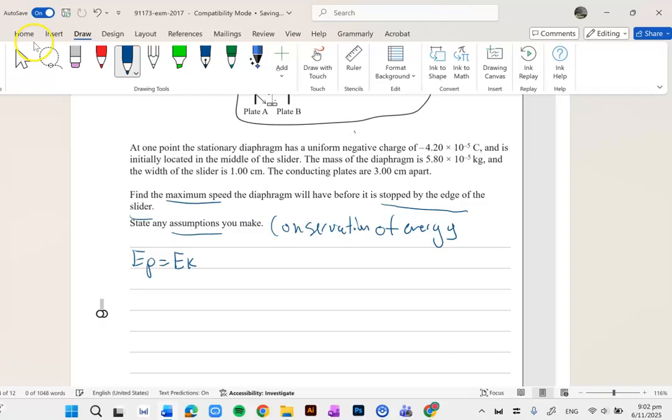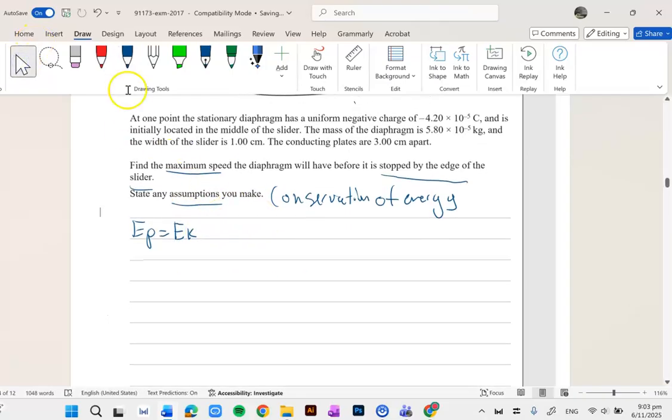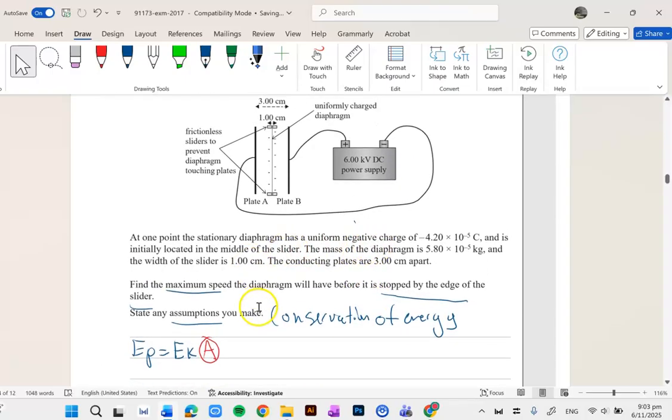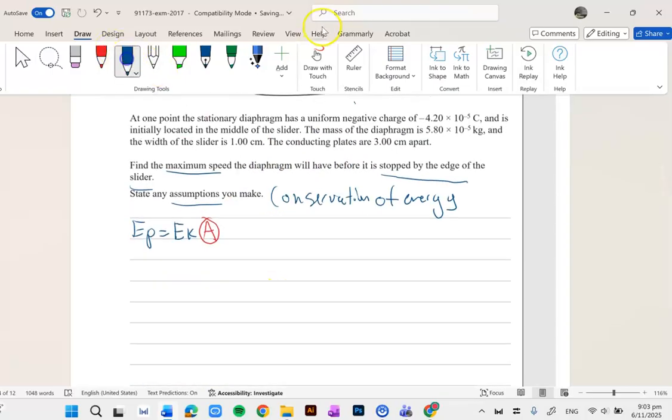All the electric potential energy is going to be converted to kinetic energy. Just stating that already gets you an achieve. So even if you have no idea what to do, just stating that you already get a third of the marks. Quite easy. So let's focus back on the question.